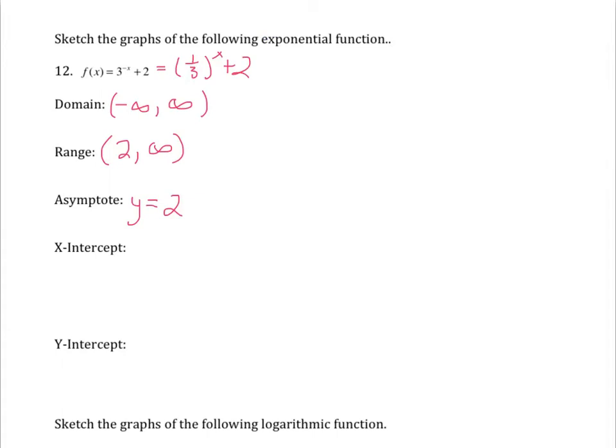To find the x-intercept, we want to set our function equal to 0. And it doesn't matter which one we do. We can do 3 to the negative x plus 2. And we want to solve for x. So first thing I'm going to do is subtract 2. And then to get x by itself, I want to take log base 3 of both sides.